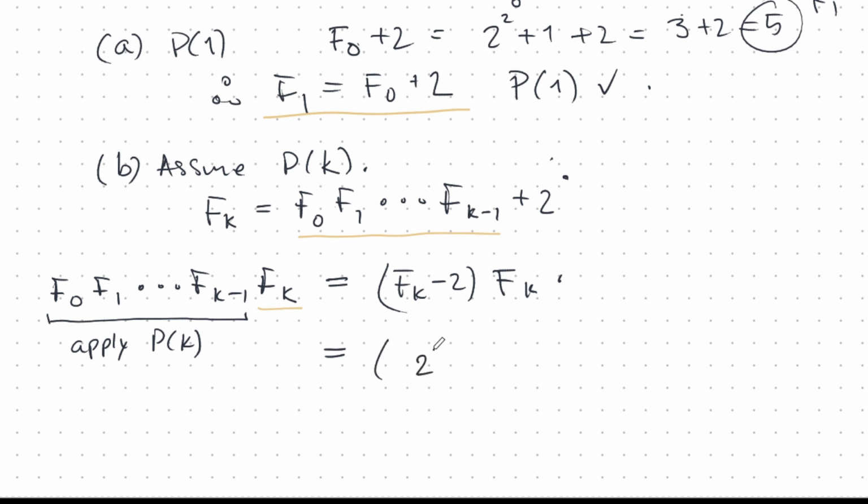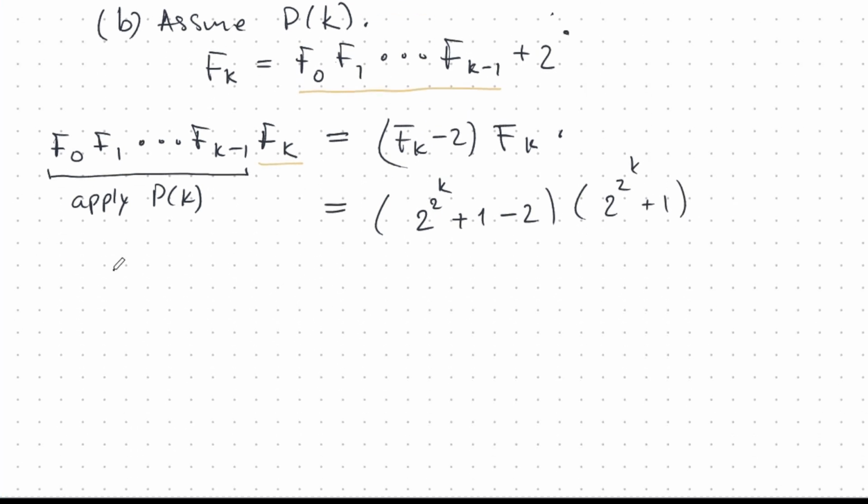Let's think about this. 2k plus 1 minus 2, and this is 2k plus 1. Right, and now I can subtract that, and I have here, look at this. This just magically works out to a difference of squares.